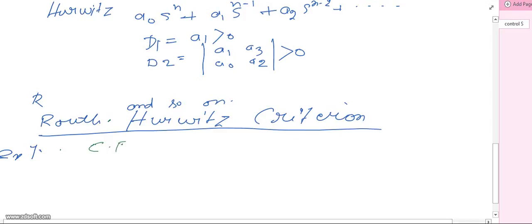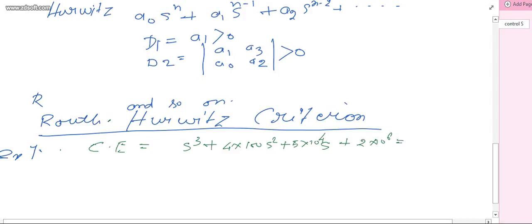The characteristic equation is s cube plus 4 into 100 s square plus 5 into 10 power 4 s plus 2 into 10 power 6 is equal to 0.